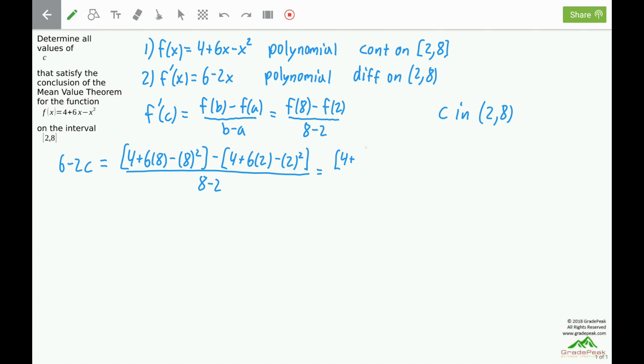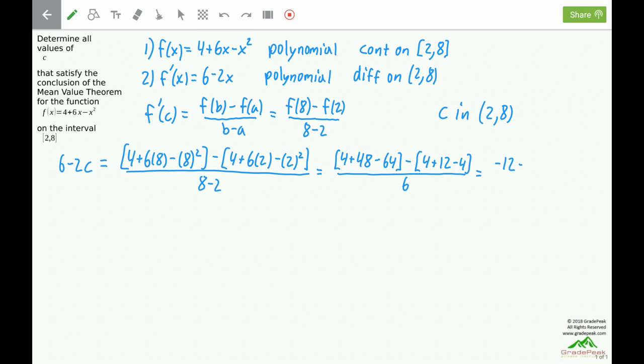4 plus 6 times 8 is a 48, minus 8 squared is a 64, minus 4 plus 6 times 2 is a 12, minus 2 squared is a 4, all divided by 8 minus 2, which is 6. 4 plus 48 is a 52, and then minus 64 is a negative 12.